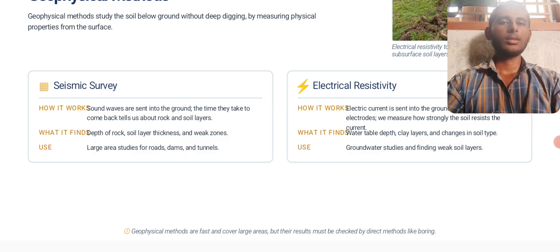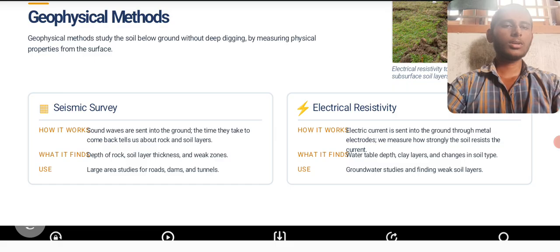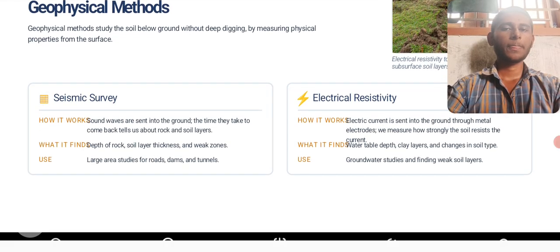The time they take to come back tells us about rock and soft layers. In electrical resistivity, electrical current is sent into the ground through metal electrodes. We measure how strongly the soil resists the current.